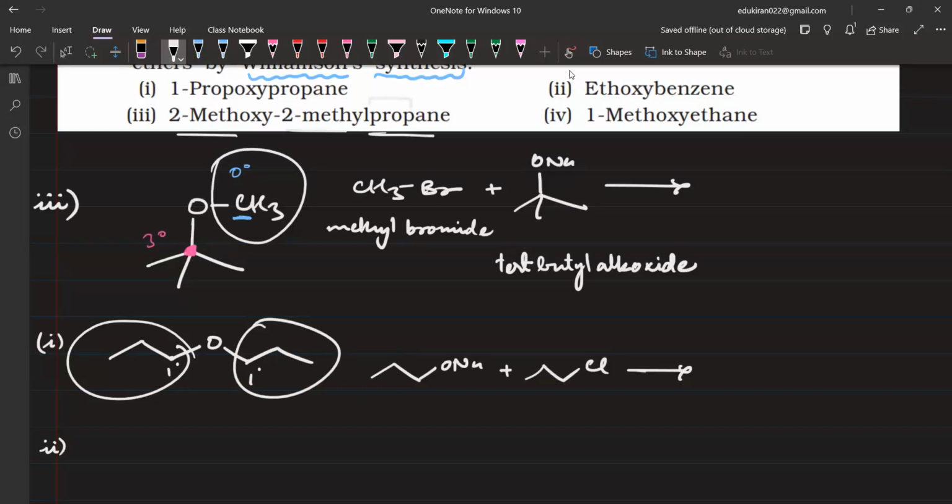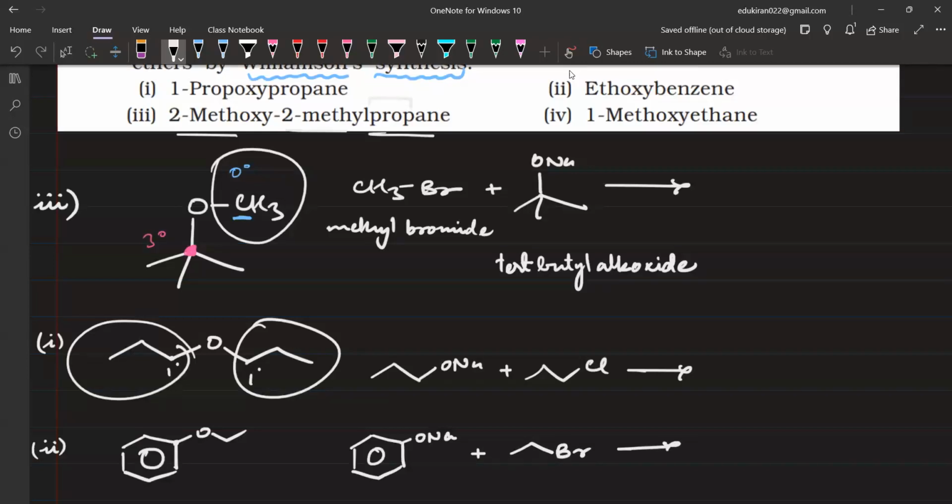Second में आपके पास क्या है, you have ethoxybenzene. O, then 2 carbon atoms. We have just seen that phenoxide को use करेंगे because we cannot use haloarene. और ऐसे भी यहाँ पे you can use that idea of more degrees. So this is going to be 2 degree carbon ना. इस वजह से you can use phenoxide याद रखने के लिए, but even though 2 degree is not the real reason, and then 2 carbon atoms, you can write any halogen atom. It is going to give you the molecule.